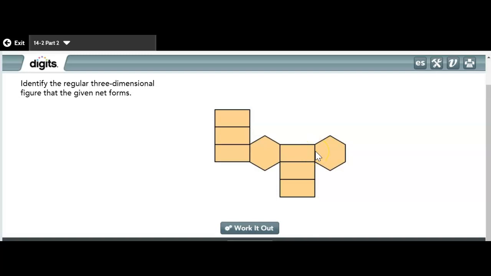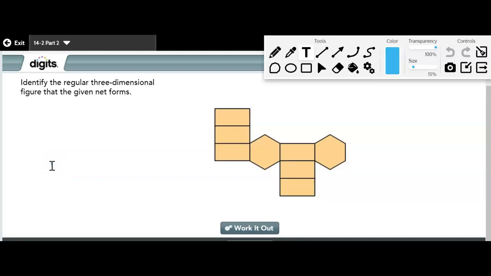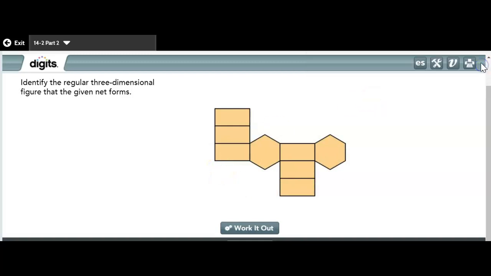So that would be a regular hexagonal prism. Should be typing. All right, regular hexagonal prism.